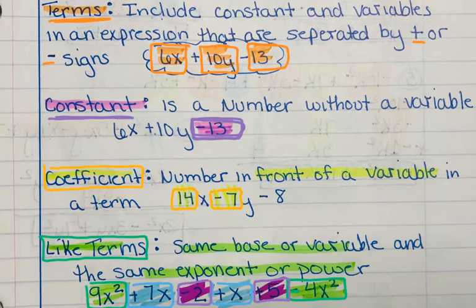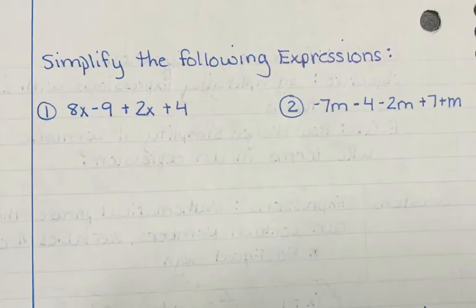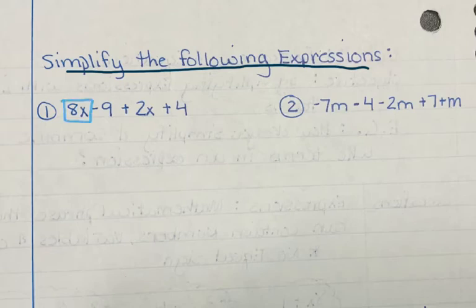So let's see what happens when we have some examples. You're going to get directions that say something along the lines of simplify the following expressions, and you have to know what to do with that. The best thing to do is to highlight like terms. So we need to pick them out. As you can see, 8x would be a like term with 2x, and we're keeping the signs that are in front of them with it.